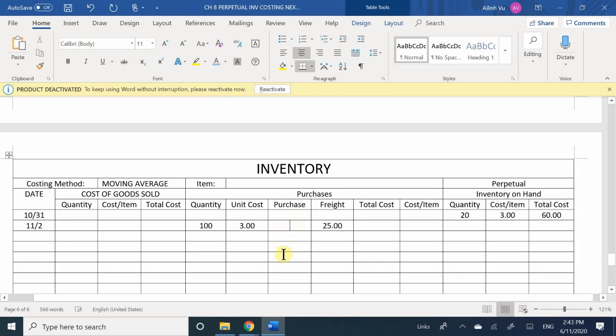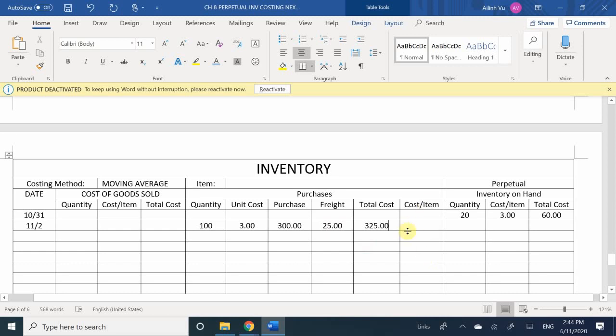So what is my purchase price here? $300. And plus freight, what is my total cost here? $325. Okay, divide the $325 by the 100.